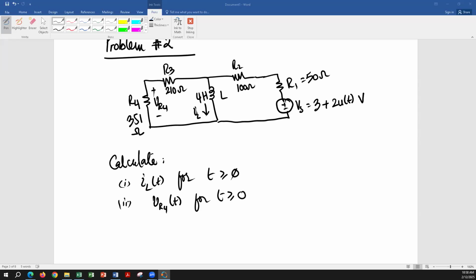What will be the value of that source? Anyone? How is this source going to be behaving, guys? 3 plus 2 u(t). How is it going to work? Yes, Natasha. Positive value of what? Positive value of what? T, okay. Right.